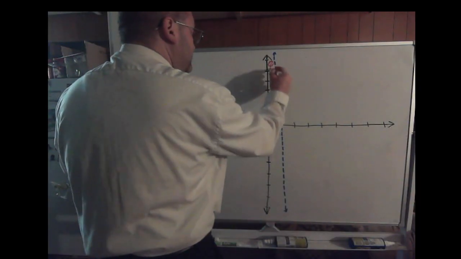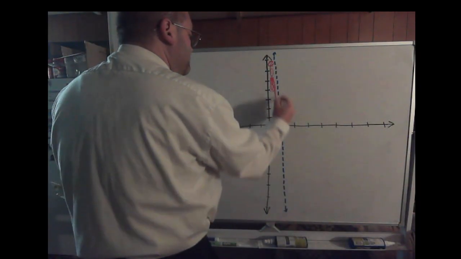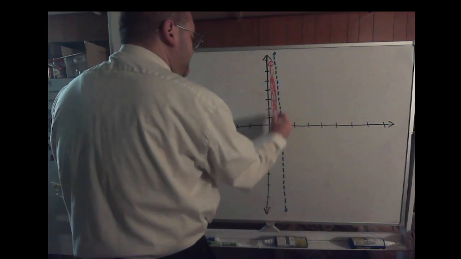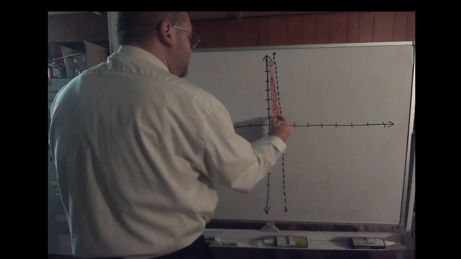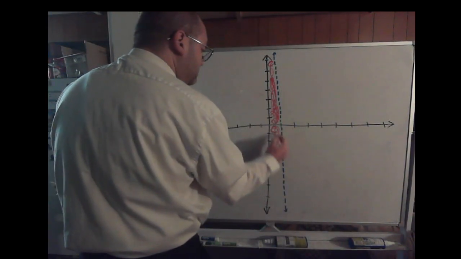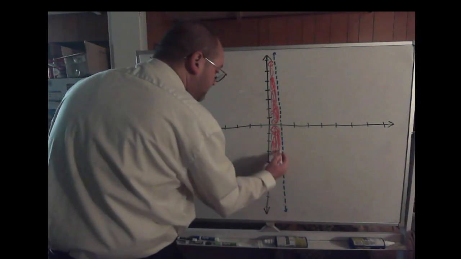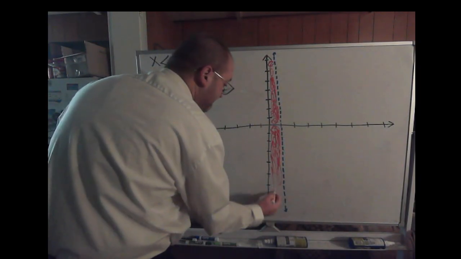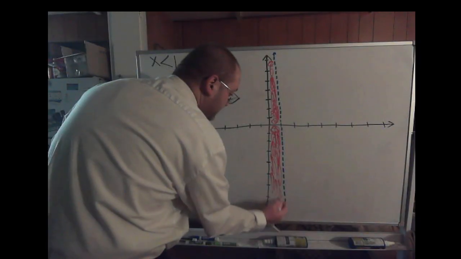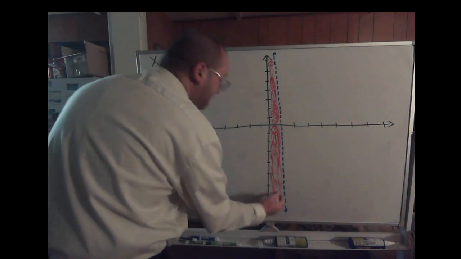Then you'll just shade the entire region to the left of 1. It's going to look like a bit of a mess because it's going to be all over the place. We're going to have some shading in all 4 quadrants, which is really not going to be a good day for this marker.